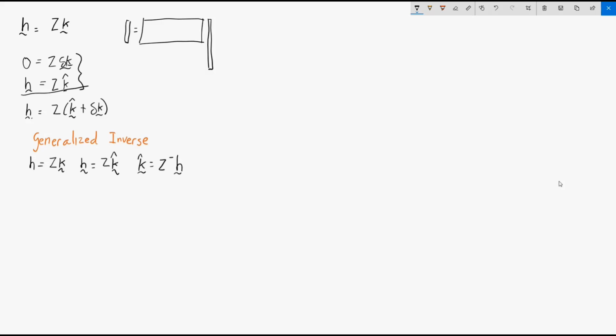Let's put aside for the moment how I obtain a generalized inverse, but let me denote it as Z negative, with the negative superscript denoting generalized inverse. Now, let me substitute this equation into here to obtain h equals Z, Z negative, h.